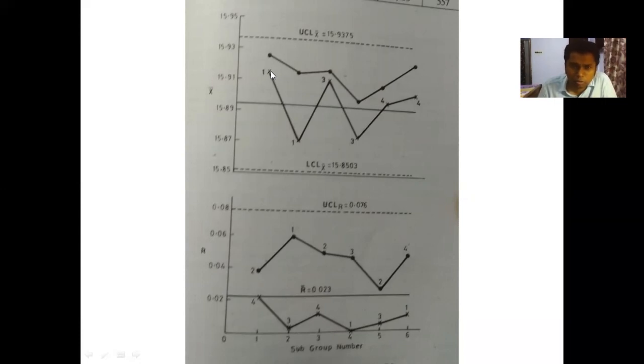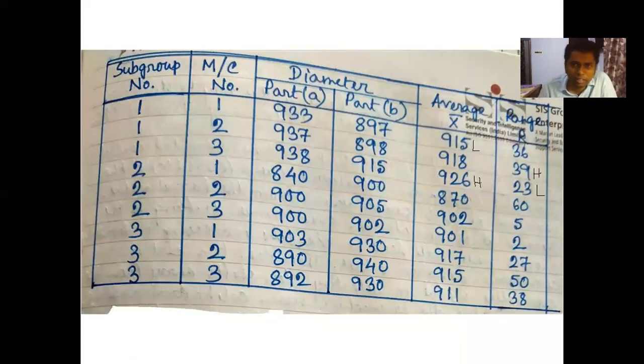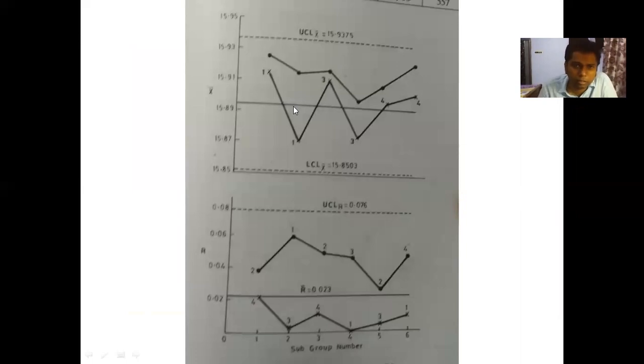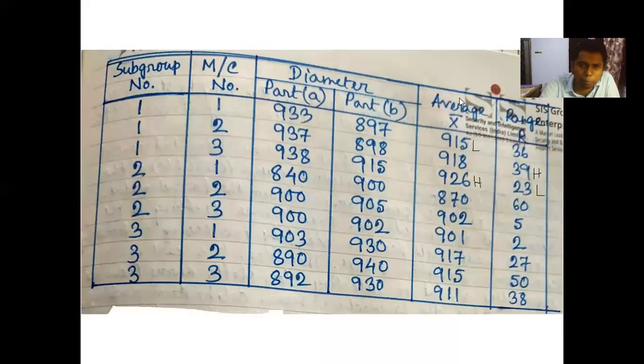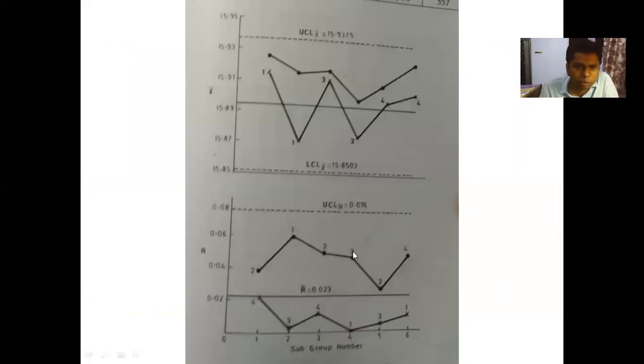So for each subgroup, what is the average reading that you are considering? How to represent this? Here it is not clear which particular curve represents which particular part. That is not mentioned here.